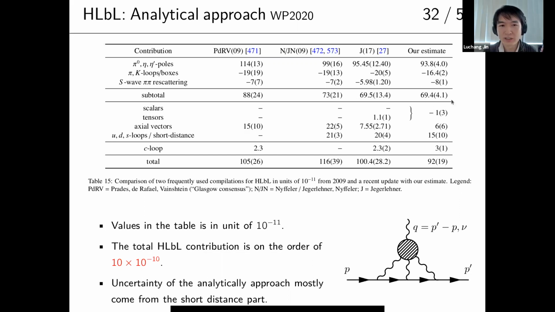However, the difficult part is that beyond these lowest states, the heavier states' contribution is harder to estimate. But it seems that they don't contribute a lot anyway. This is the major source of uncertainties, but it's also very hard to do with this approach.